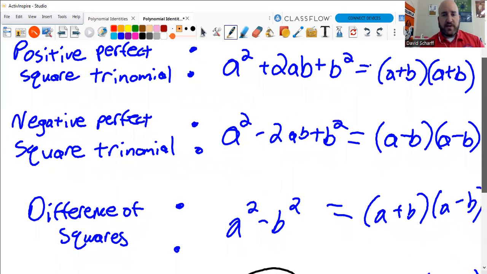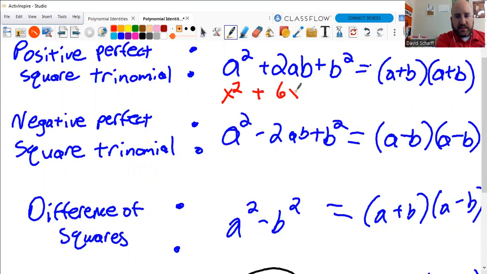I do just want to show the other three real quick, so y'all have an idea. I'm going to come over here to write a little better on my little pad. If I had x squared plus 6x plus 9, I'm focusing on a squared and b squared. If a squared is x squared, that means a is x.